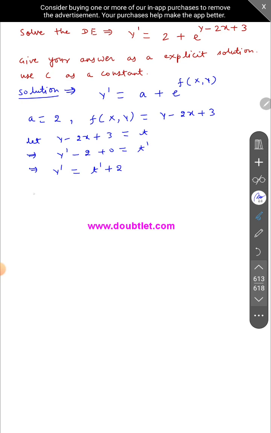So we can write this as t dash plus 2. And now if we replace this in the original given equation, we can write this as t dash plus 2 is equal to 2 plus e to the power t, because we have assumed this whole expression as t. Correct? Now to proceed further, we know that we have to use the variable separation method.